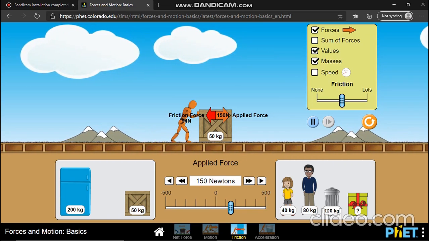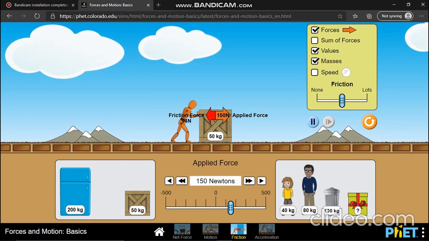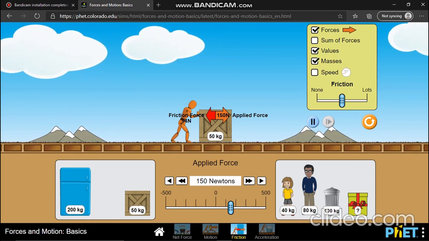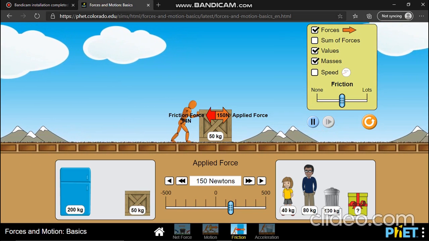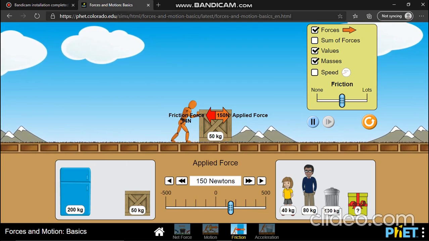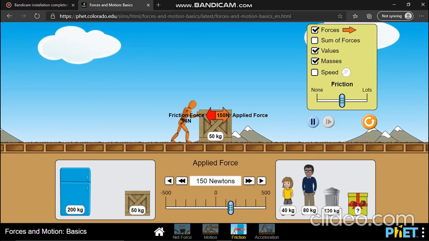So for the 50 kg box, the applied force that we need to push this box is 150 Newton, and the friction force is 94 Newton.